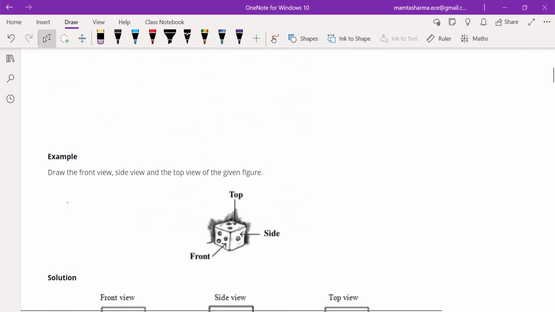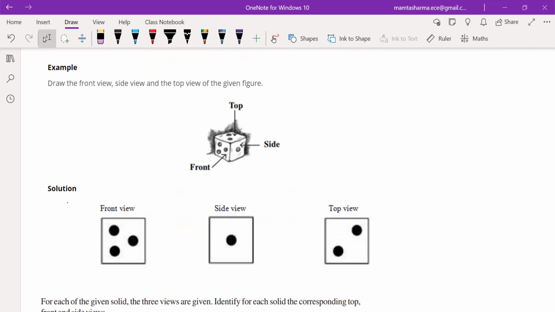Now see, we take another example. This dice has length, width, and height. This dice is a 3D shape. You can say it is a 3D cube, since all the sides are equal.